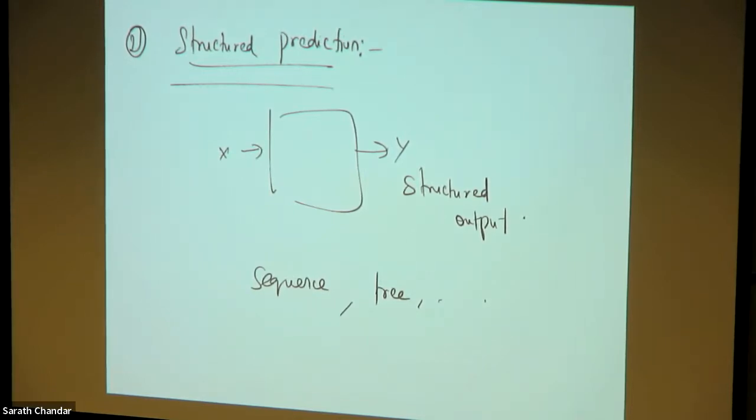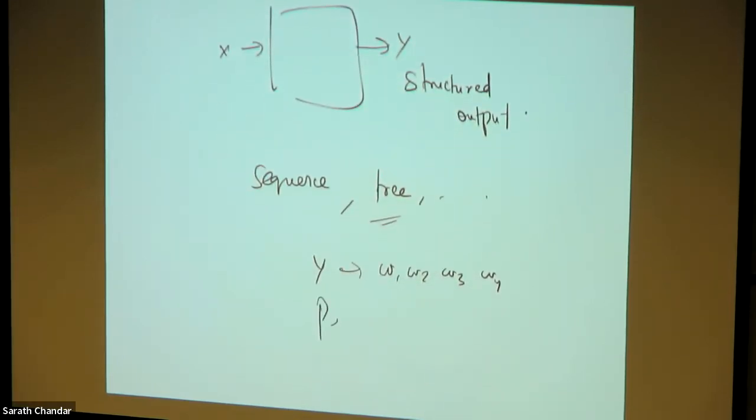Here the output Y is going to be a bunch of words, W1, W2, W3, W4, and there is actually a relationship between these words, right? It's not a random bunch of 4 words. It forms a valid, grammatically correct sentence, right? Now this is an example of structured prediction. An example for the tree is parsing. In parsing, given a sentence, you want to construct a parse tree for the sentence. This is a classical NLP task.